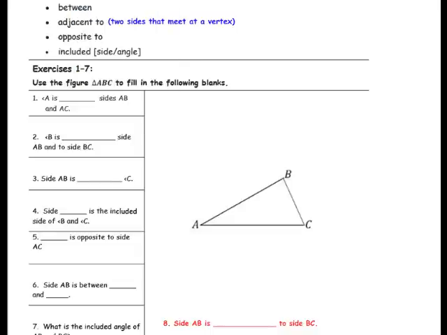Angle A is blank, sides AB and AC. So here is side AB and here is side AC. And the question is, how is angle A related? Angle A is between.